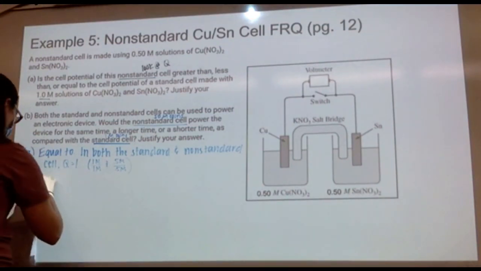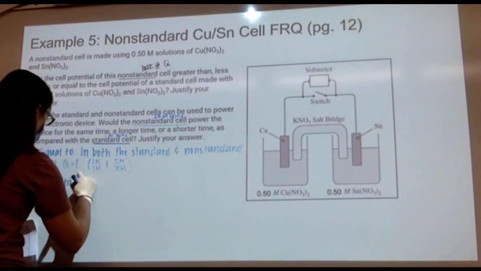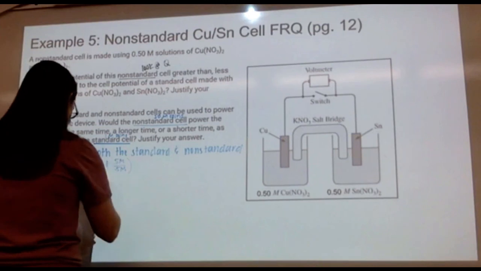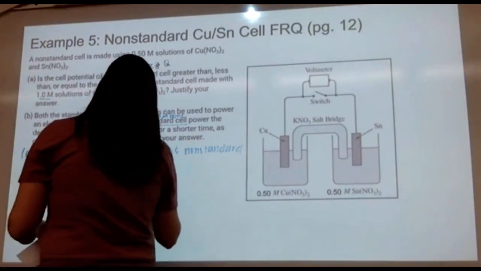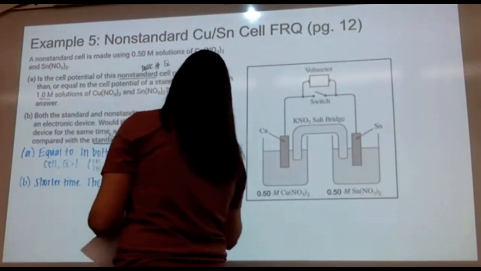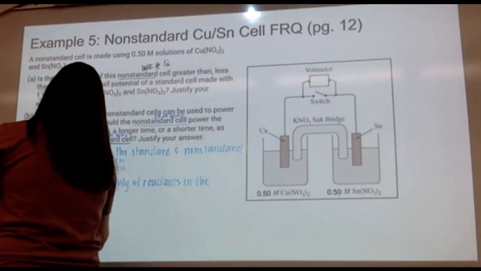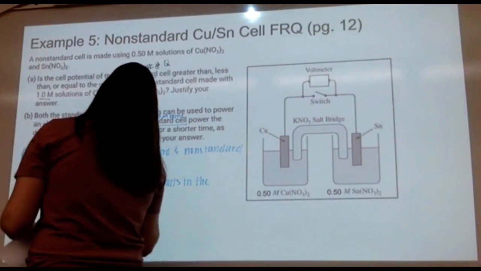So for part B, the non-standard cell will power the device for a shorter time compared to the standard. I'll say the supply of reactants in the non-standard cell is less.